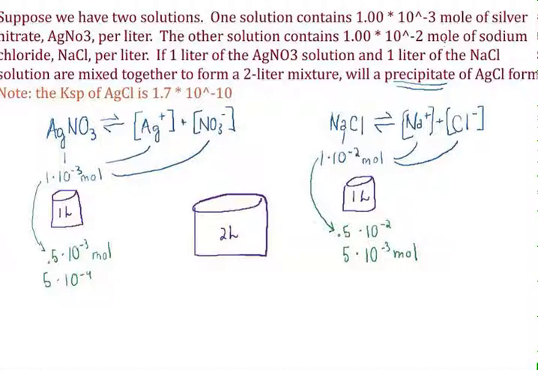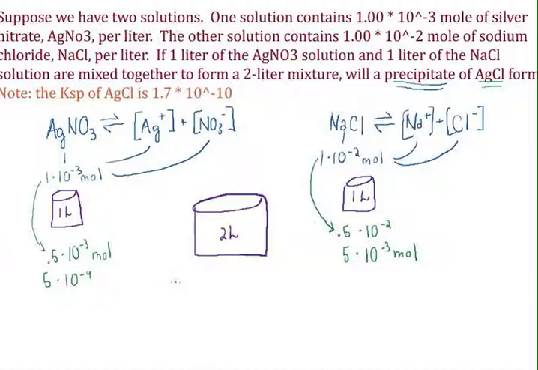So remember, they were asking us specifically about the precipitation of silver chloride, AgCl, which is in and of itself another salt. So let's pull those two out and look at them separately.